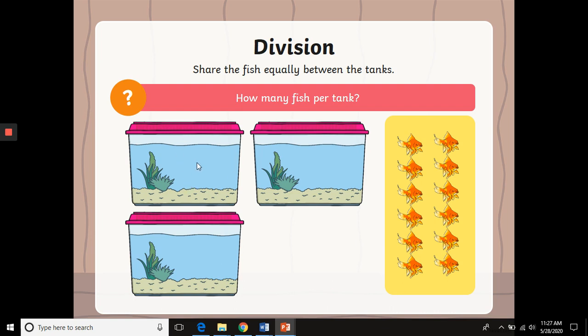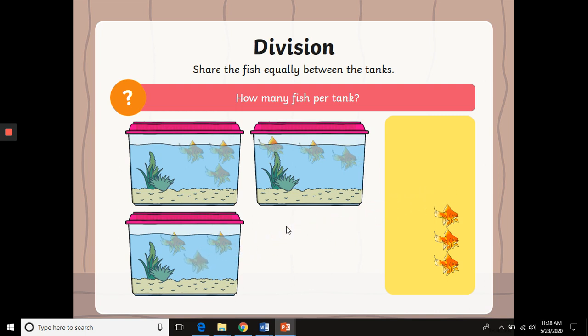So let's divide them. 1, 2, 3. The fourth one is going there. 5, 6, 7, 8, 9, 10, 11, and the 12th one in the last.